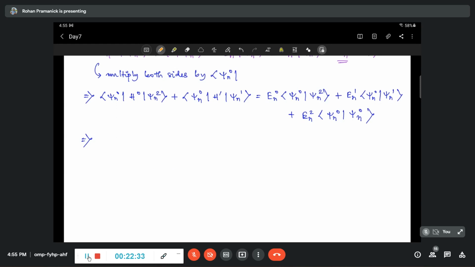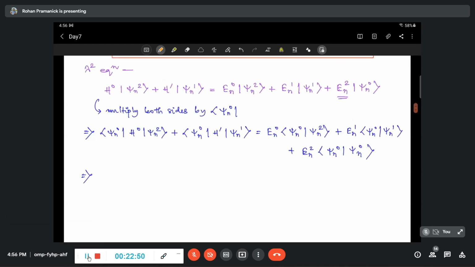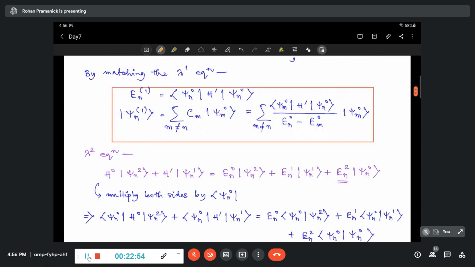Yes, orthonormal states. So psi n1, the first order correction to the wave function, involves which states? Previously we had written that this psi n1 contains all the states except n. You see, the sum is over m, but it does not include n.